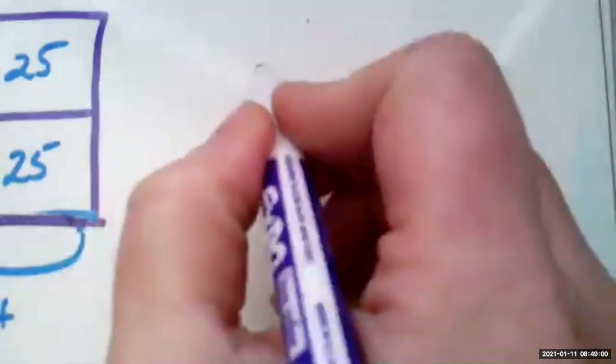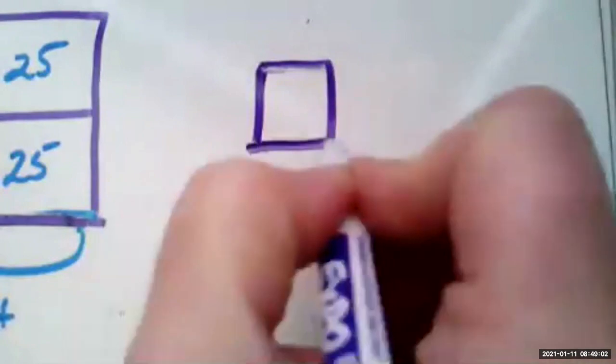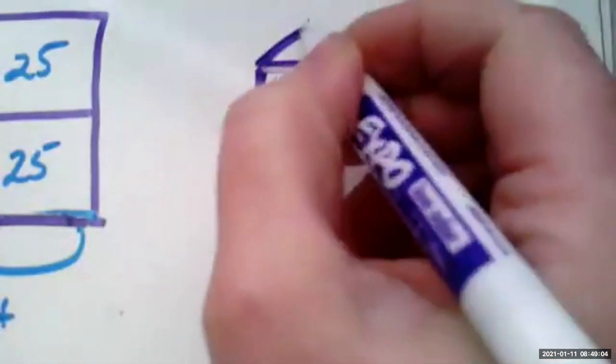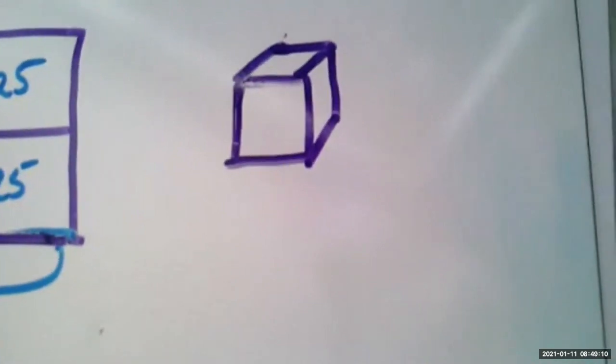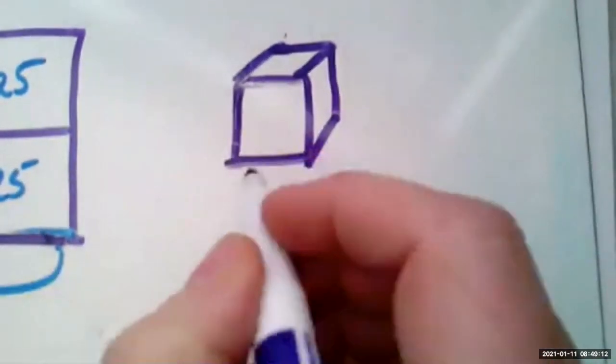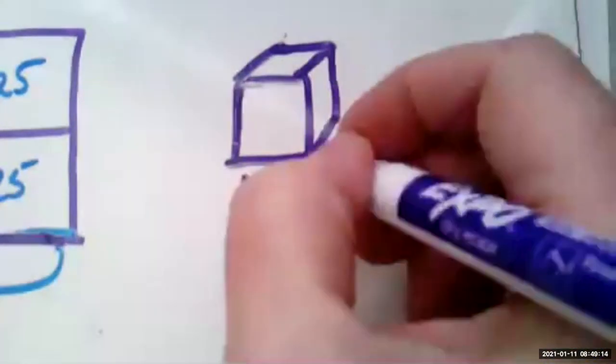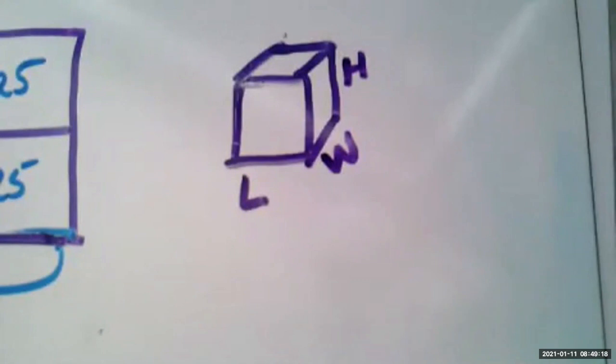Volume is a three-dimensional figure. So if I were to draw a box, okay, this is supposed to be a box. It's a three-dimensional figure. Three-dimensional means you have a length, you have a width, and you have a height. Now you have 3 things that you have to multiply.